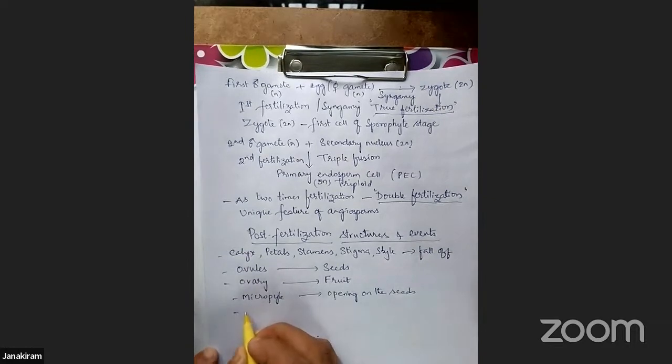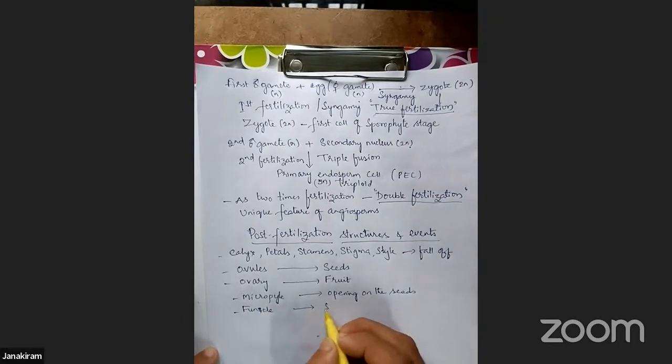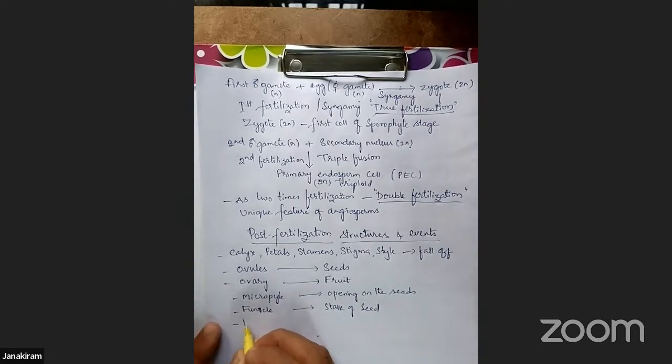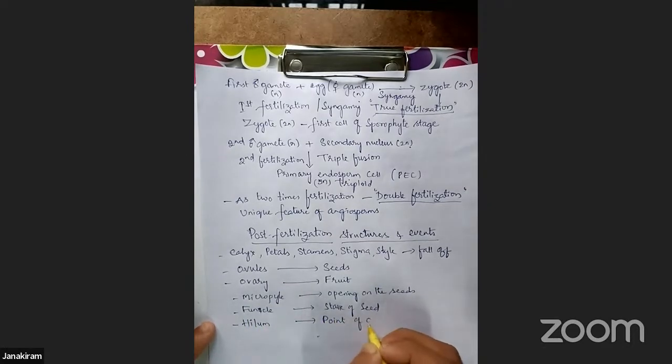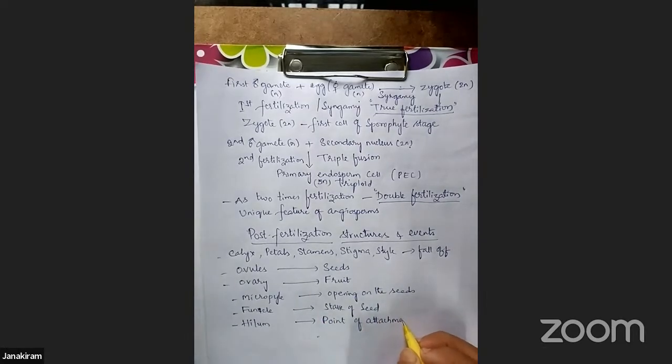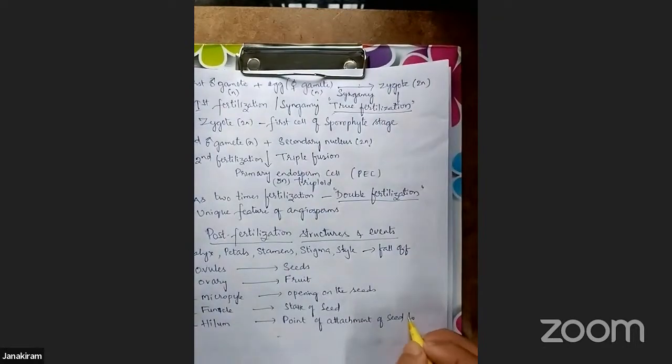And the funicle of the ovule will remain as the stalk of the seed, and the hilum of the ovule remains as the point of attachment of the seed to the fruit.